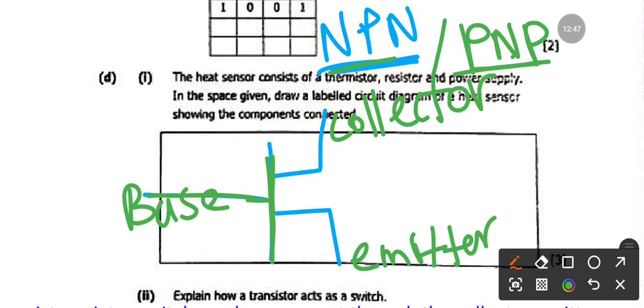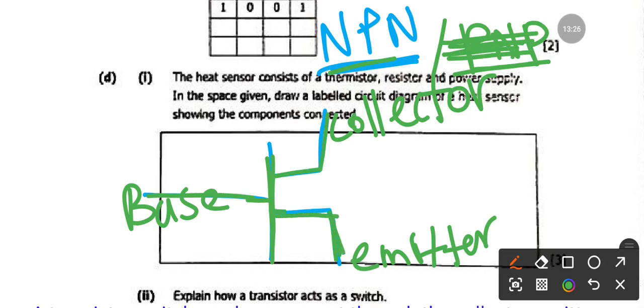Right, so this is where the difference lies between an NPN transistor and a PNP transistor, because for an NPN transistor, current flows from the collector to the emitter, whereas for a PNP transistor, current would flow from the emitter to the collector. So in this case, we are only considering an NPN transistor. Okay, so what will happen here is something that is very easy to understand.